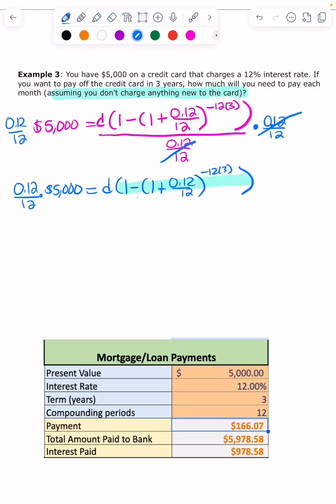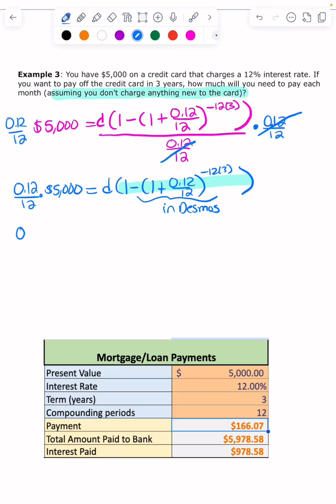So put in Desmos, which I will do now. Actually, I have it in here from before, so I'm just going to edit what I have. Put 1.12 over 12 and then negative 12 times 3. There's really only 2 numbers to change usually if it's monthly.